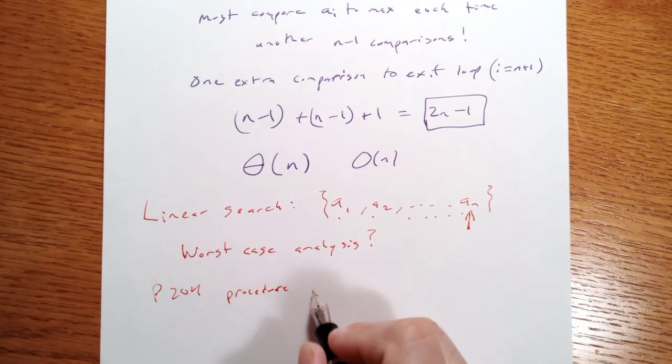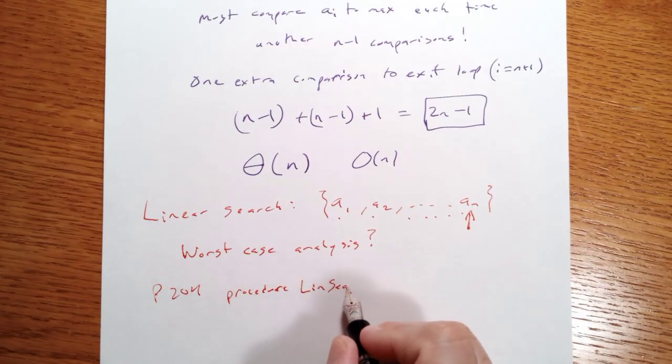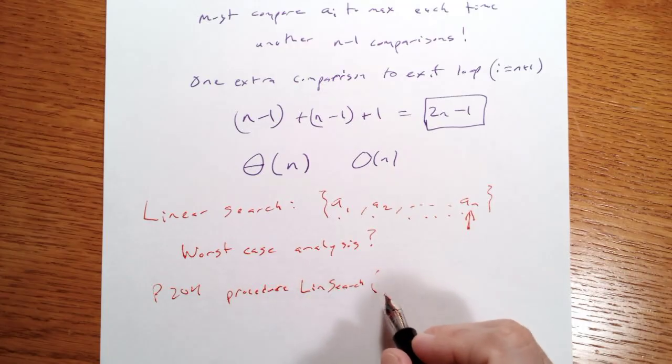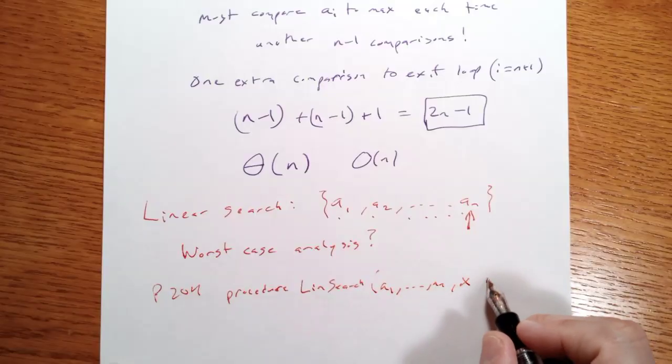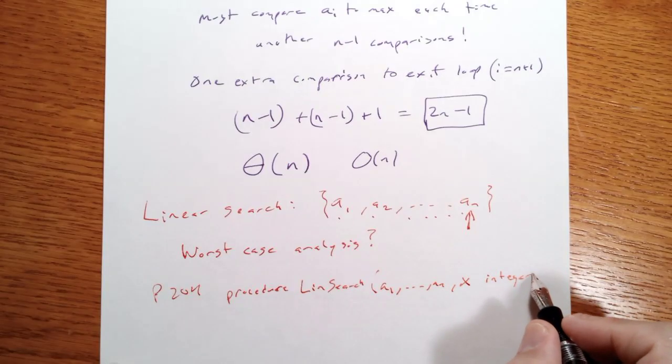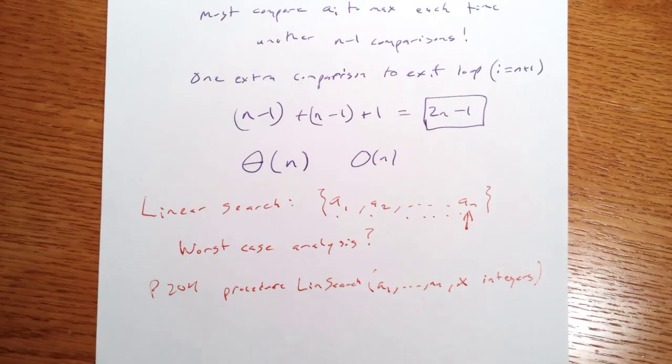Procedure linear search. It gives me the list A1 through AN, and it gives me the thing I'm looking for. Now, again, I'm doing a search on integers. You could be doing a search on any data type.